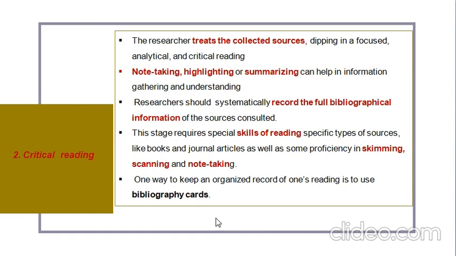One way to keep an organized record of one's reading is to use bibliography cards, although this system is somewhat old. A bibliography card is a card which has two sides.